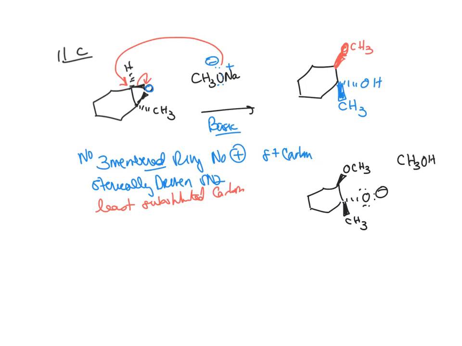There's always going to be a little bit of methanol around, so it can pick up that hydrogen, and then it reestablishes your nucleophile. So that's just a proton transfer.